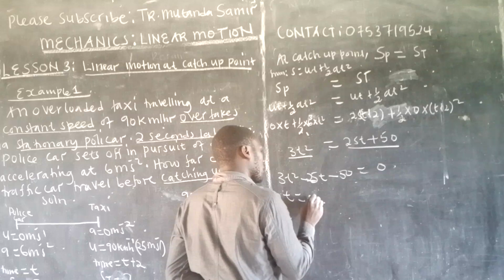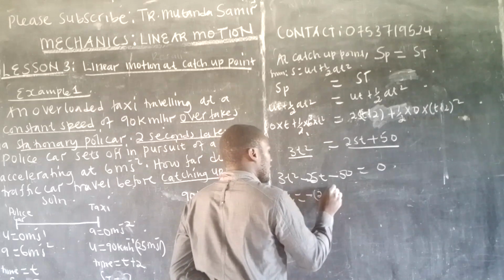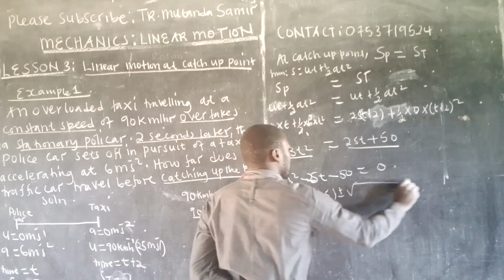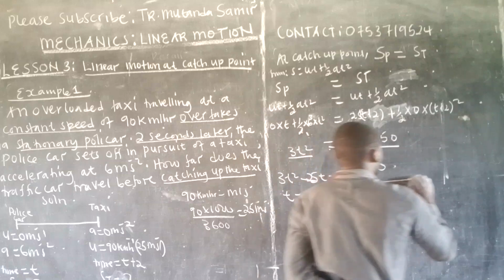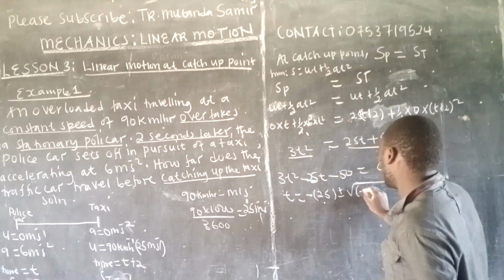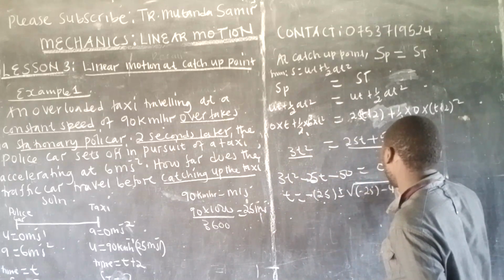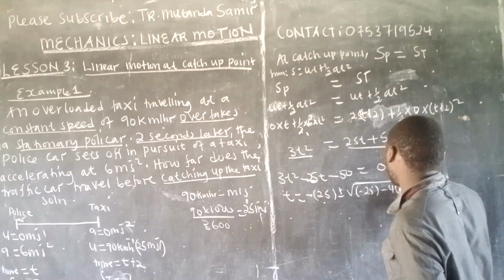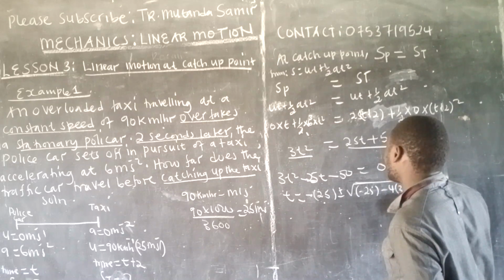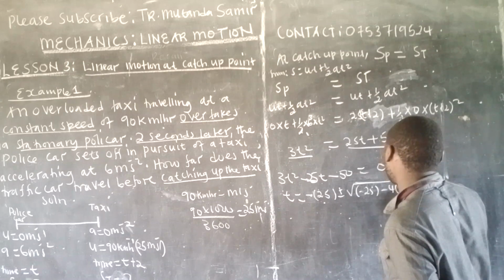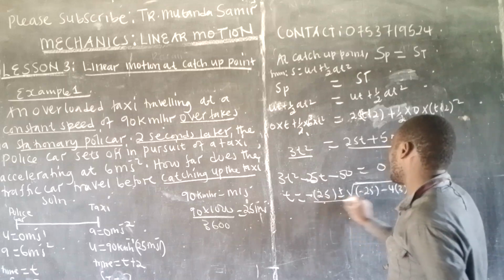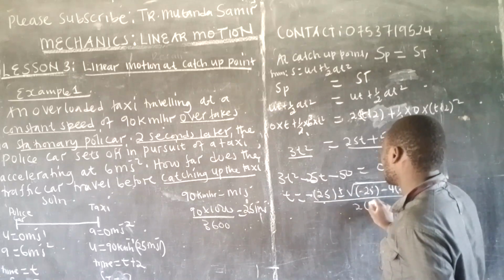t will be equal to negative, but 25 here, plus or minus the square root of negative 25 squared minus 4 into a, which is 3, times c, that is 50, over 2a, which is 2 into 3.